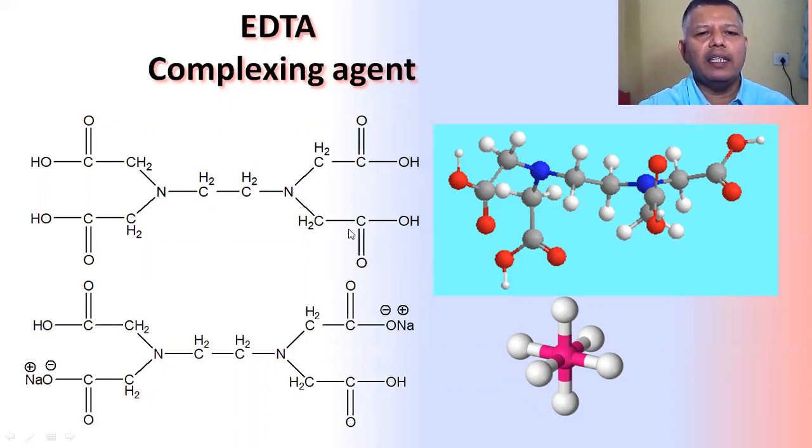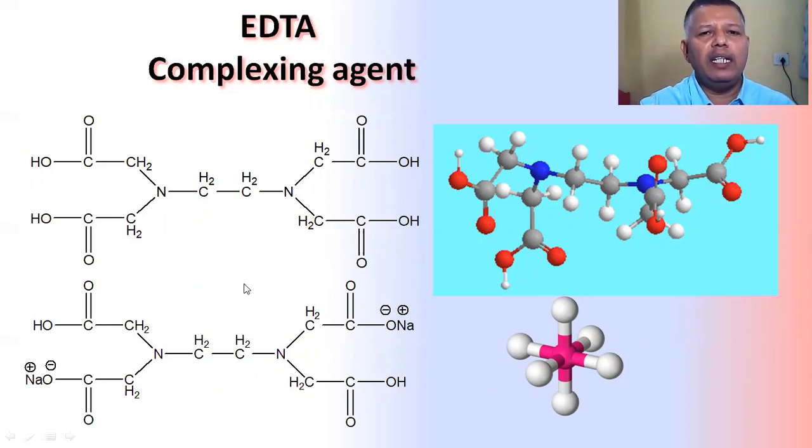This agent forms an octahedral complex with the metal ion. It's a stable complex, and it shows the change in color with the indicator. Particularly, EDTA is stabilized by forming the disodium salt of ethylene diamine tetraacetate.